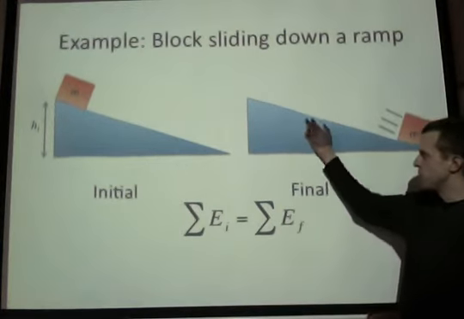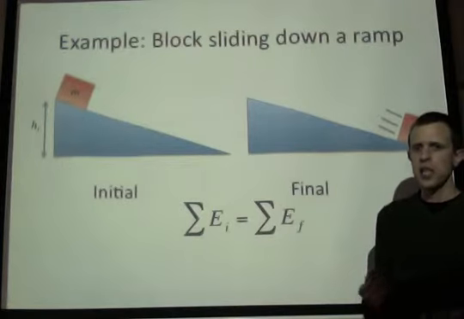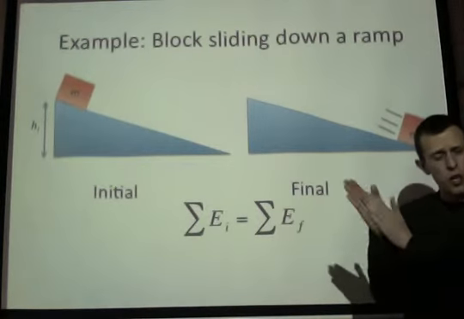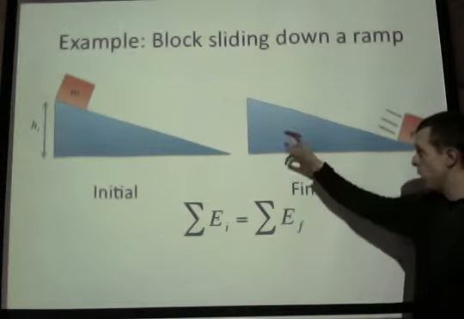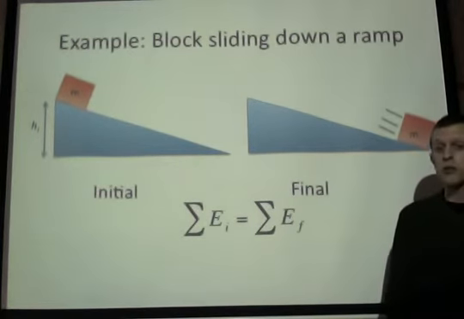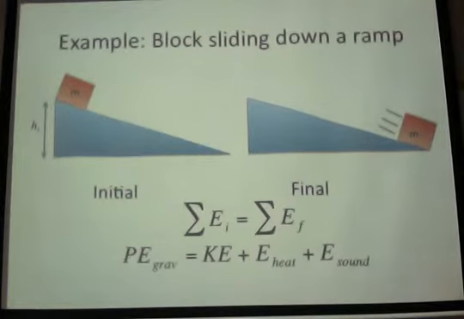Well, the same thing happens in this case. Friction causes some of our energy to turn into heat energy. Now also, when you rub your hands, you can hear that. And when this block is sliding down the inclined plane, you can hear that as well. So initially, we've got potential energy from gravity. In our final state, we have kinetic energy. We also have energy from heat and energy from sound.